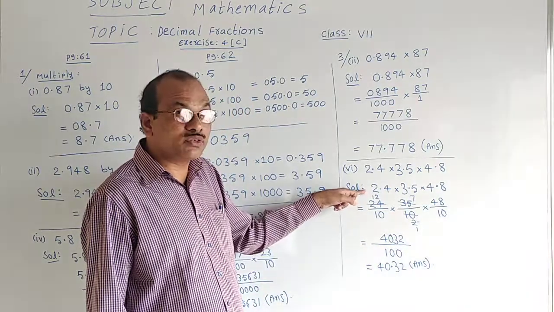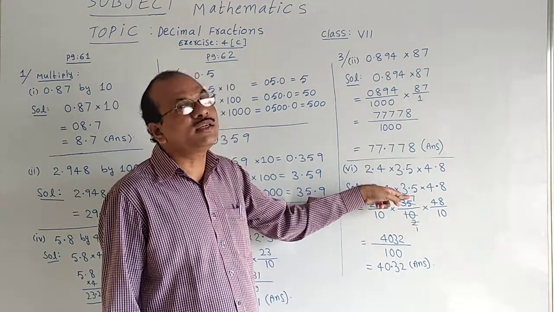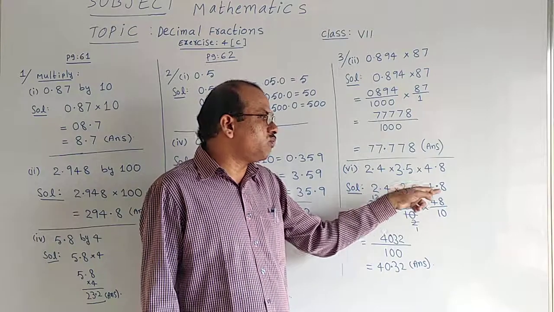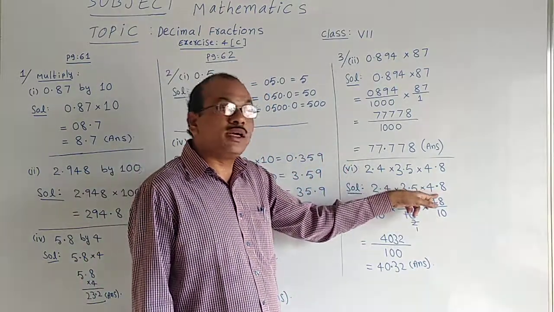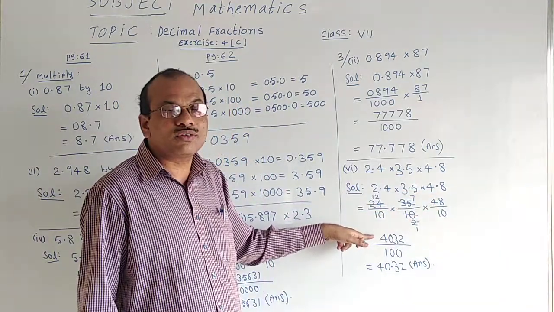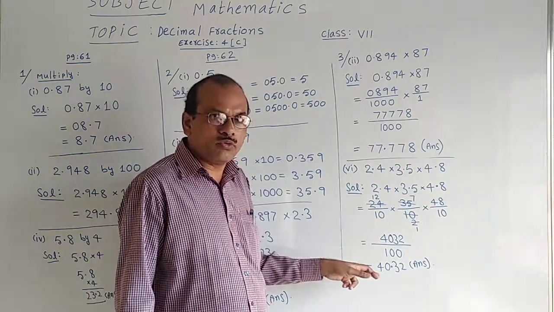Numerators, what are left? 12 multiplied with 7, that is 84. 12 7s are 84. 84 and 48 we have to multiply. 84 and 48 we should multiply in the rough. Then you will get an answer called 4032. 4032 by 100 now. Okay now?